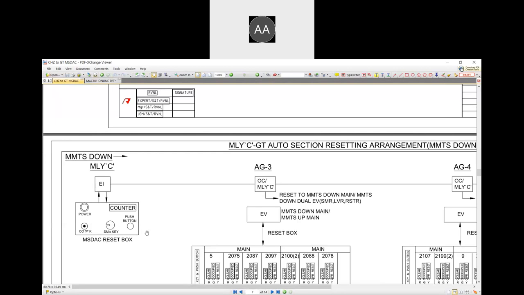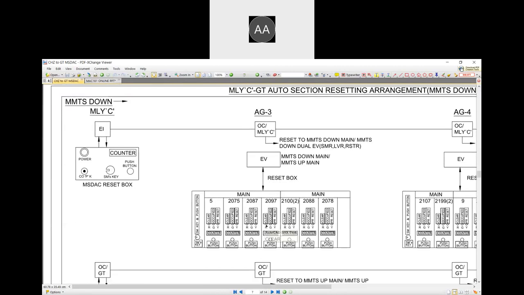That indication will glow, sir. After that indication, the sending station master will give reset: they press the SM key and push button. The system takes the three inputs and applies reset to the faulty track section. This is the resetting procedure in auto section.